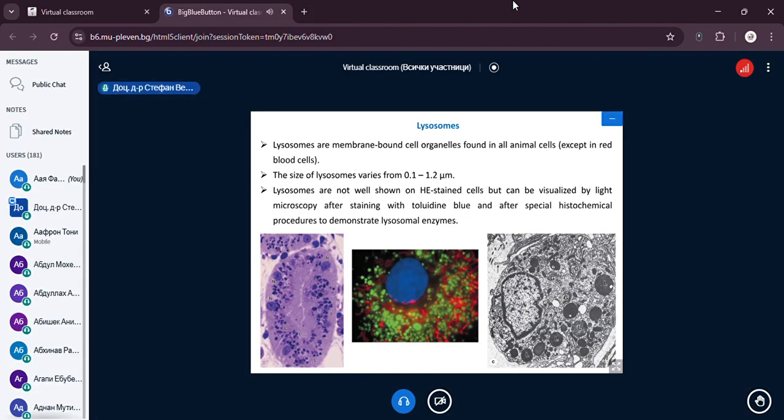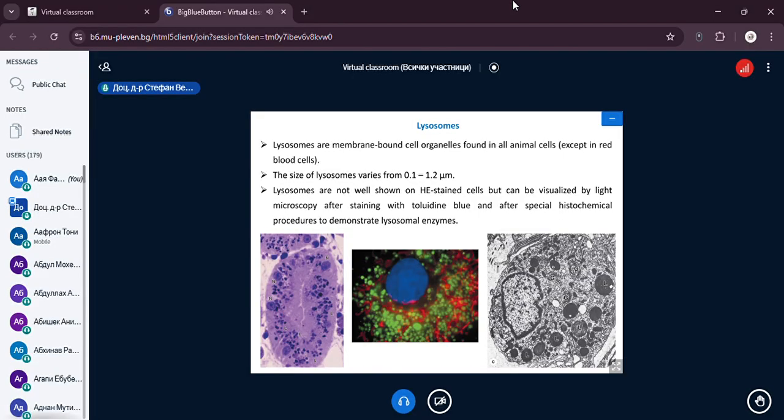These are membrane-bound cell organelles which are present in all animal cells. Only terminally differentiated cells like erythrocytes, red blood cells, secondarily lack lysosomes. In early stages of their development, even red blood cells possess lysosomes in their cytoplasm.